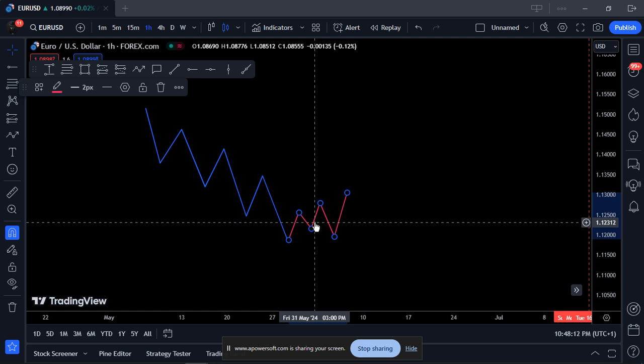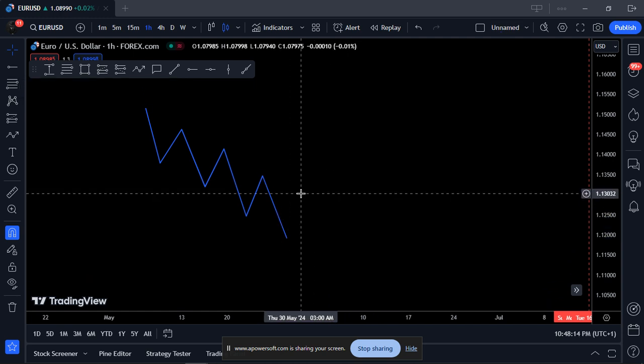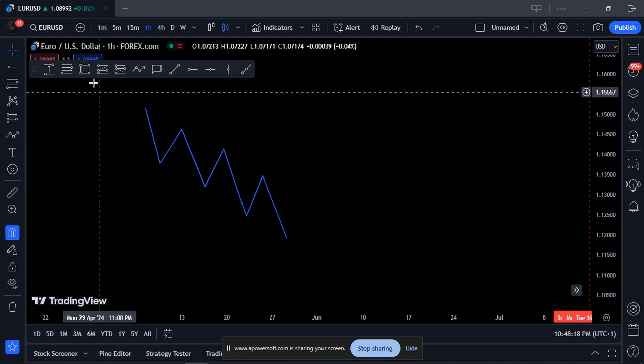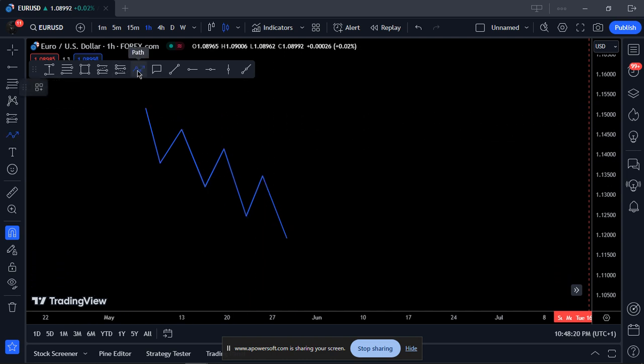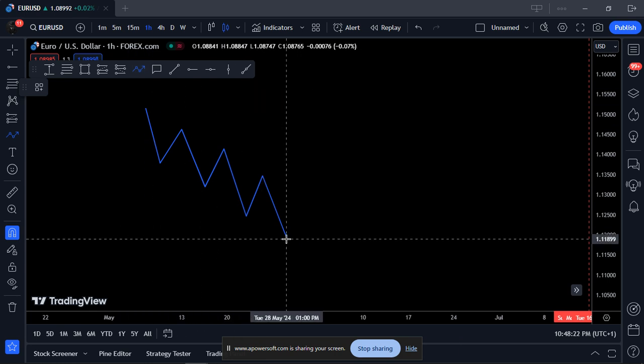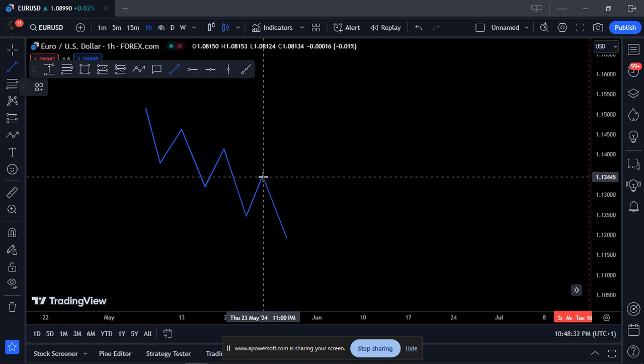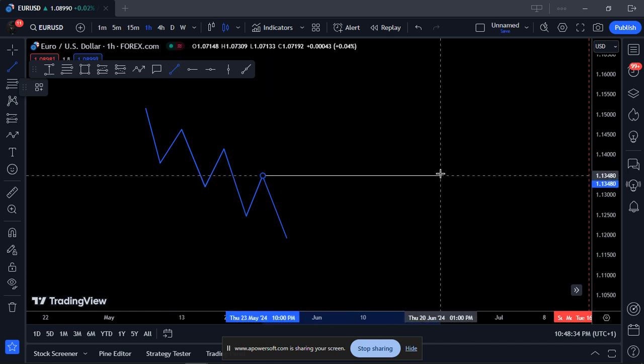So for us to know that the market is going against opposing liquidity, the closest solid liquidity must be taken before the inducement. So for example now, this is the closest solid liquidity.